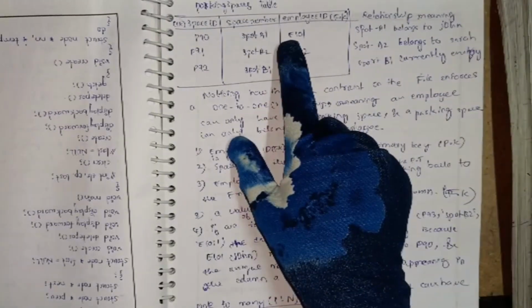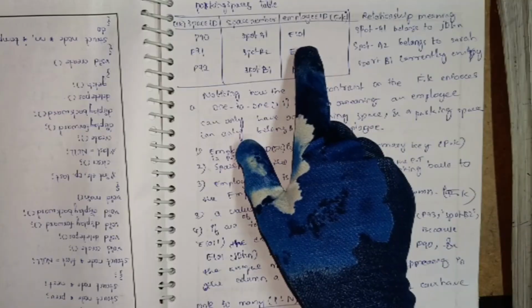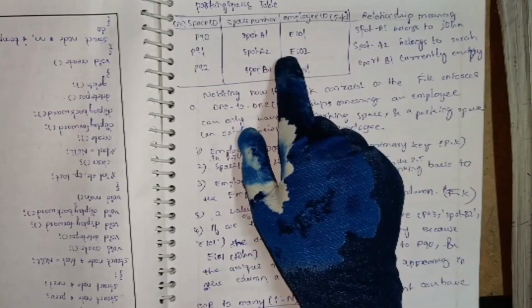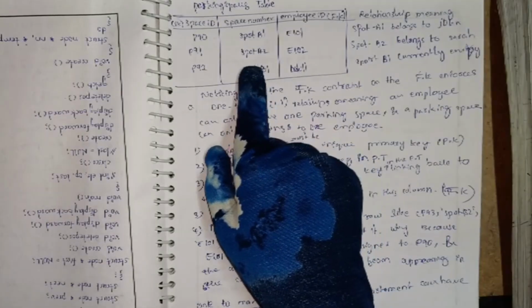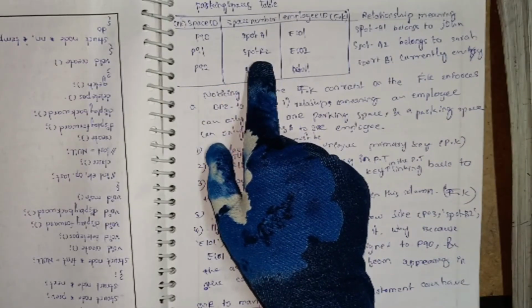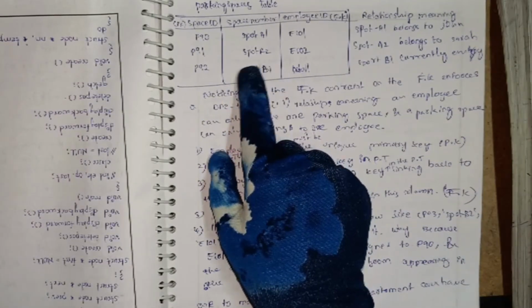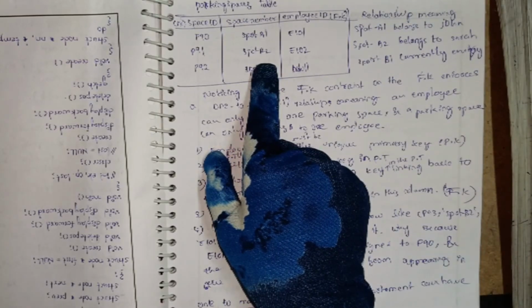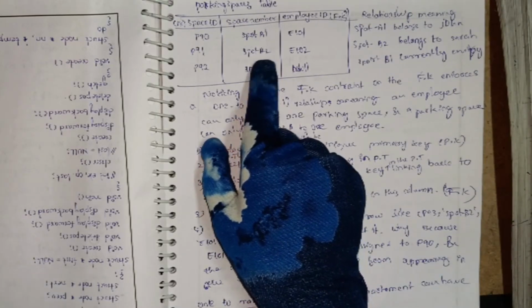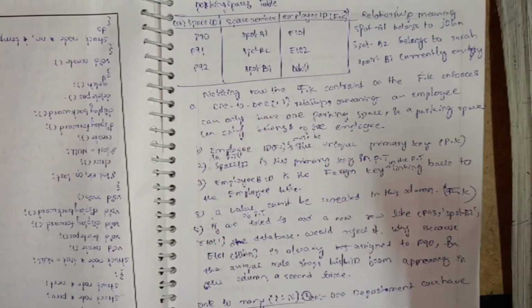So here if we duplicate E102, and add some spot, say spot A3, it forms a different relationship type.